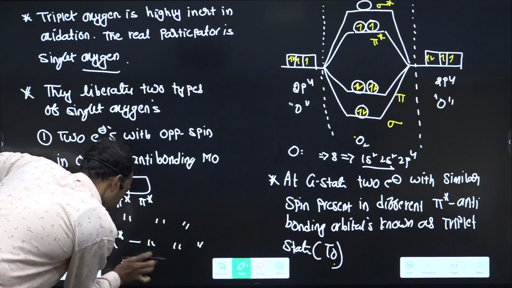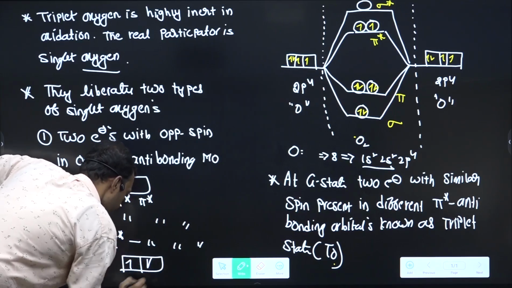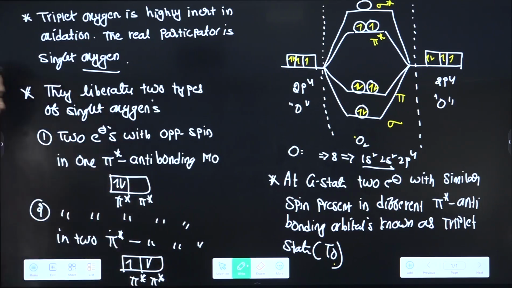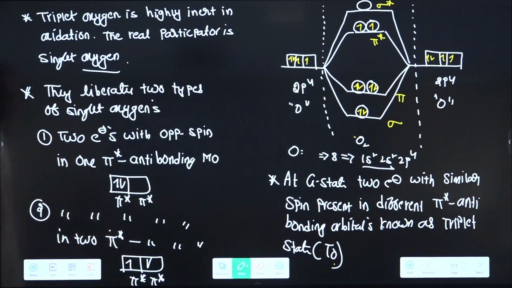So like this. Points remain the same, but two electrons in two different molecular orbitals. By applying some energy we can create this. Okay, but normally the triplet state is the real state.